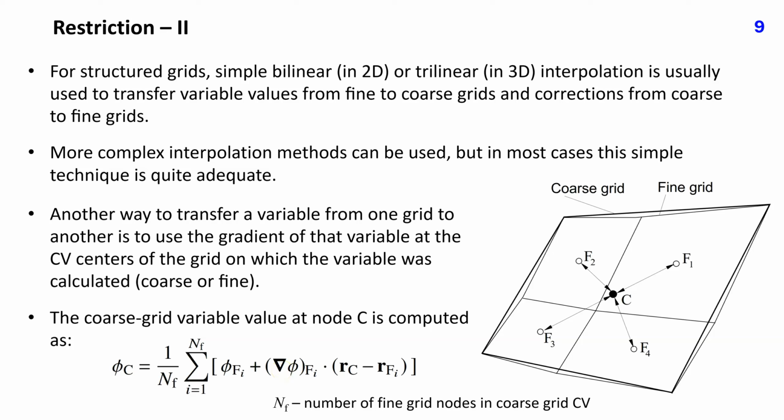We extrapolate from each fine grid node Fi to node C using variable value at the fine grid node, its gradient there, and the distance vector from node Fi to node C. We sum all estimates and divide by the number of fine grid cells in one coarse grid cell. Weighting could also be made proportional to distance or cell size.